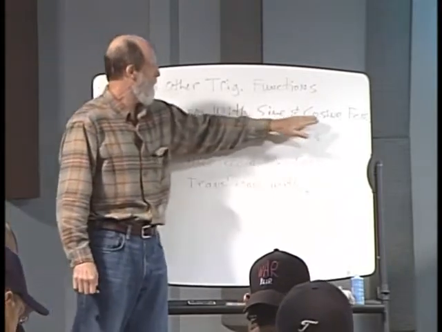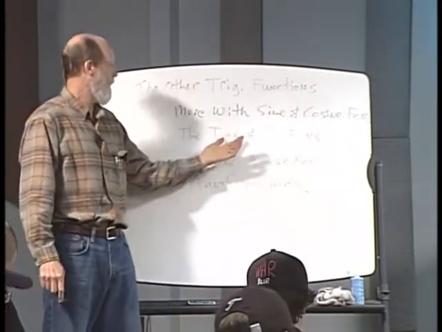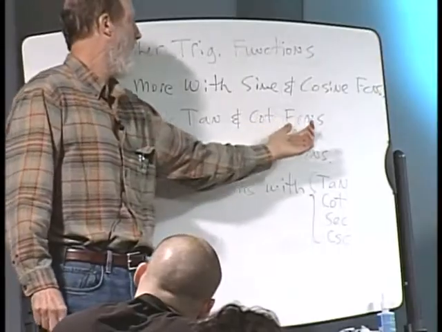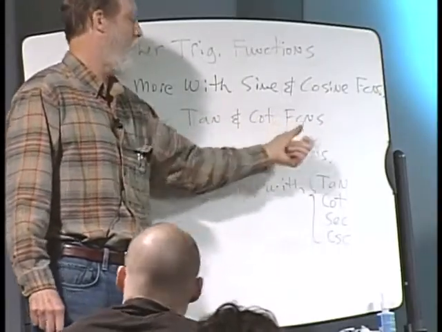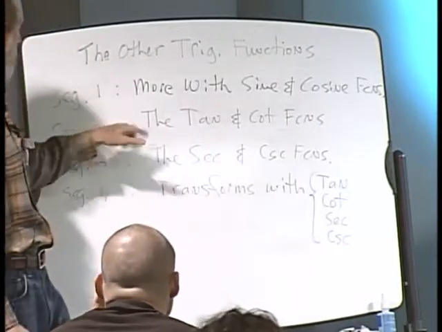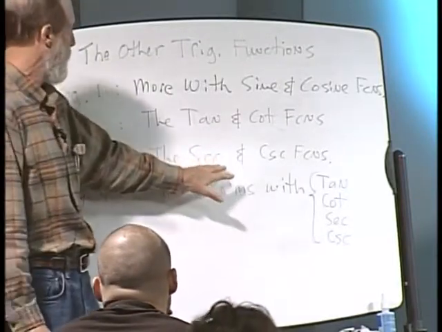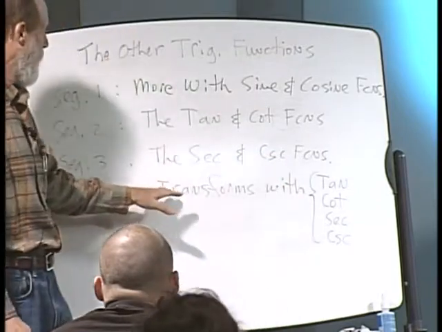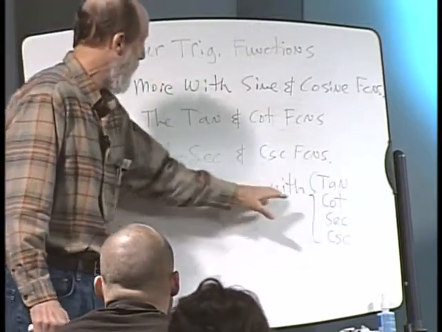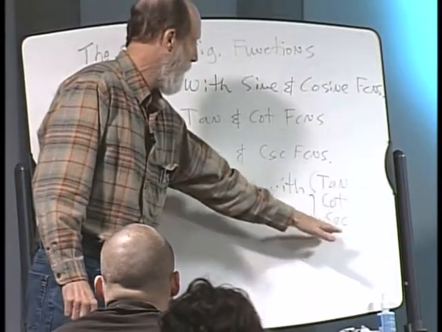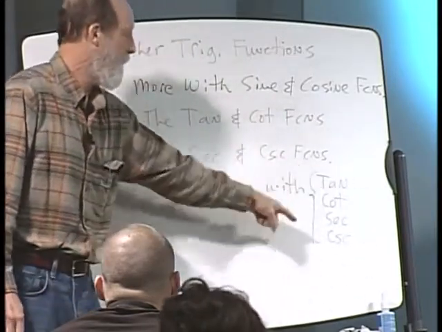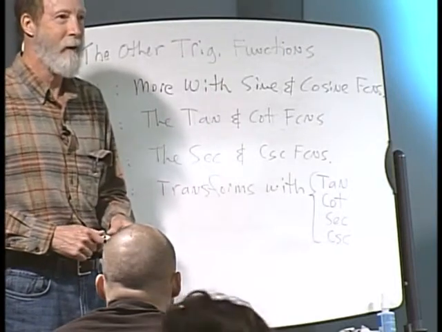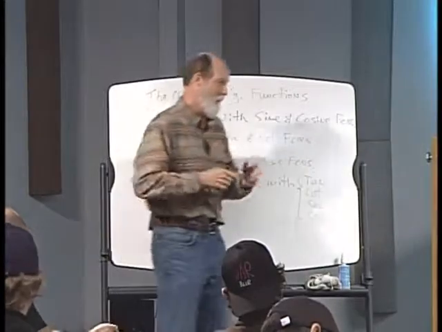If we have the understanding of the sine and cosine, it's going to be relatively easy to develop the actual graphs of the tangent and the cotangent function, and we'll do that in segment 2. In segment 3, we'll try to address the secant and cosecant. And then finally, we'll offer some examples with transformations associated with those 4 other functions besides the sine and cosine.